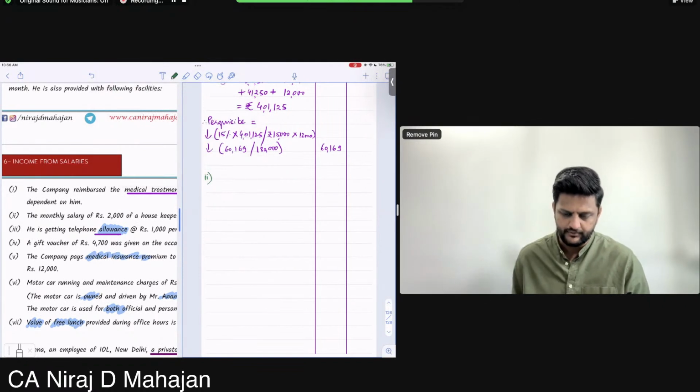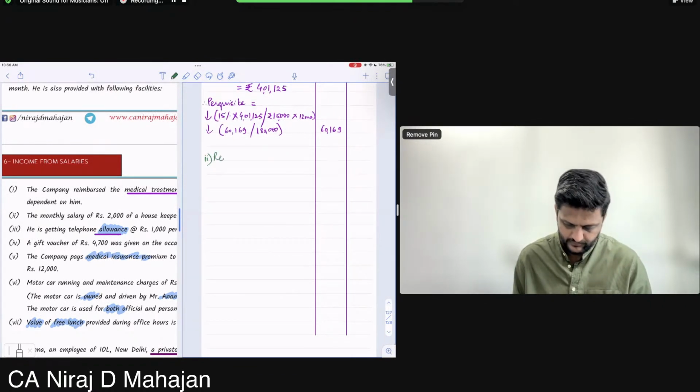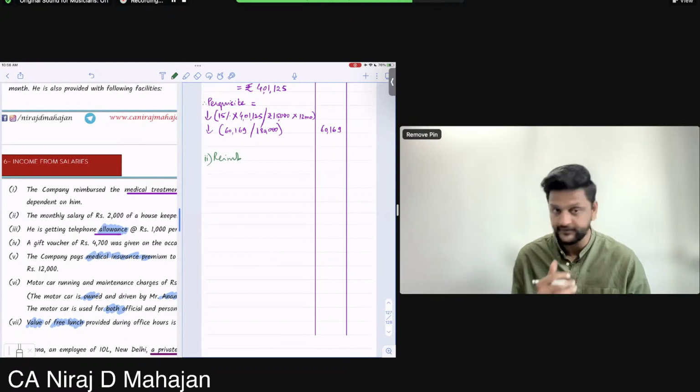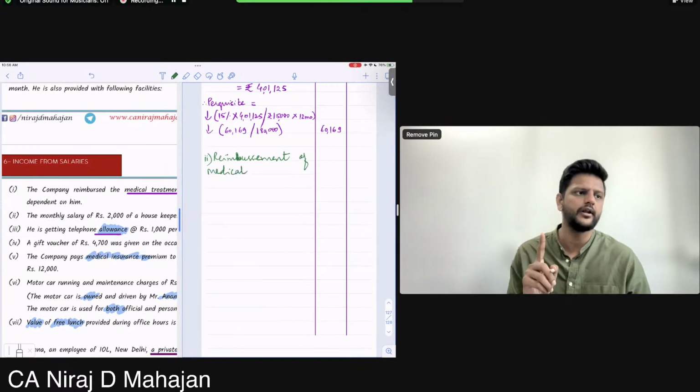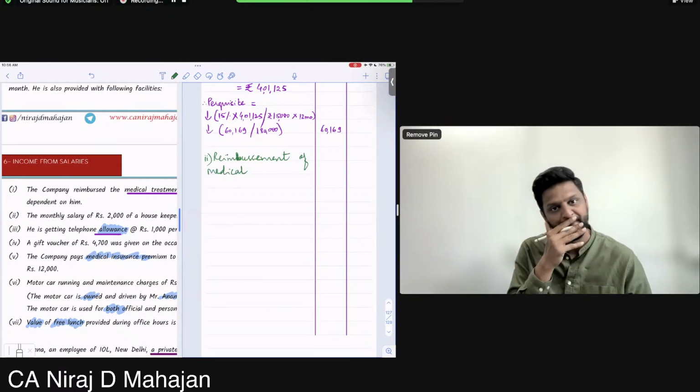So reimbursement of medical treatment. You have to take an assumption here. Is reimbursement allowed? Allowed. Is daughter allowed? Allowed. Okay.